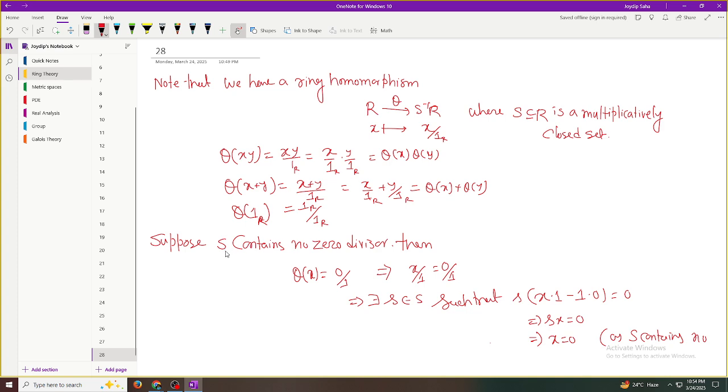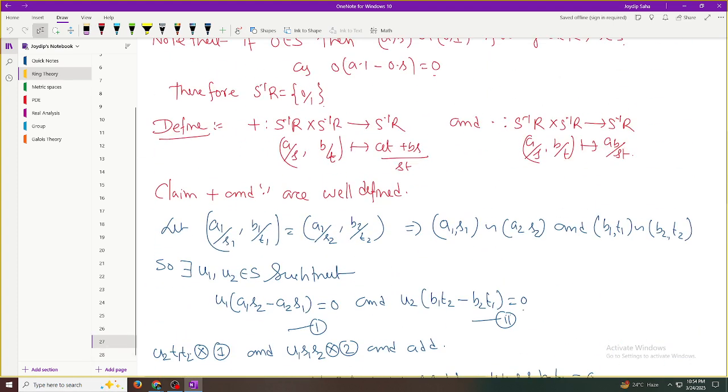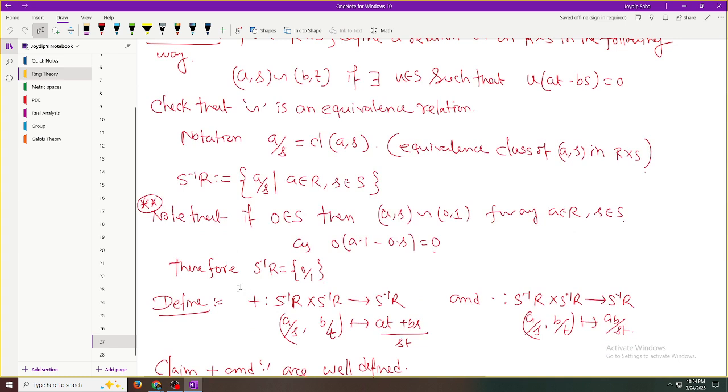If S contains 0, then S inverse R is a trivial ring. Note, if 0 belongs to S, then it is a trivial ring.